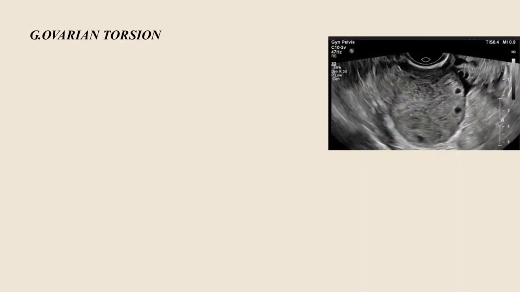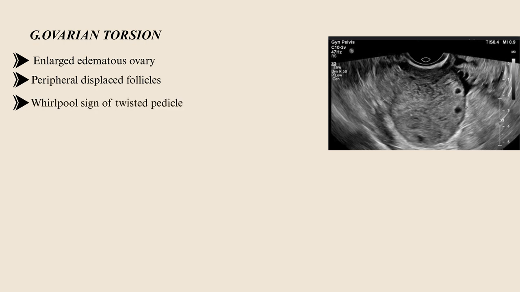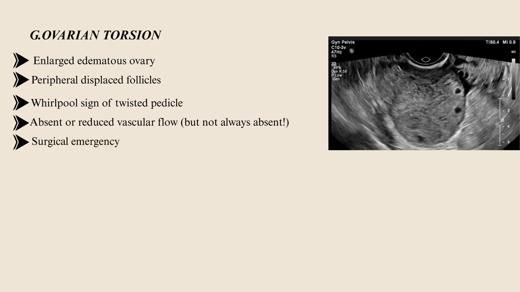Ovarian torsion, in which ovaries are edematous with peripherally displaced follicles. There is a whirlpool sign of twisted pedicle, absent or reduced vascular flow, but not always absent, and it's a surgical emergency.